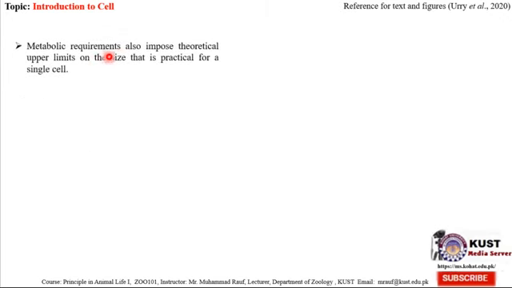Now, metabolic requirements also impose theoretical upper limits on the size that is practical for a single cell.